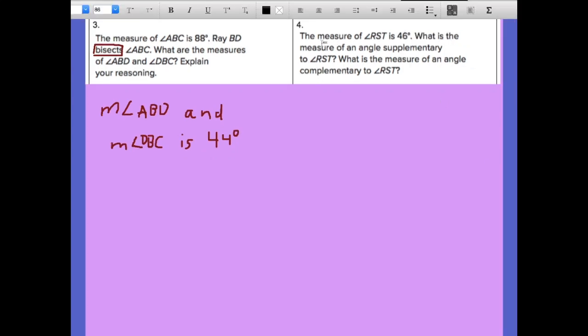Number 4 asks for two things. It says, what is the measure of the angle supplementary to angle RST, and what is the measure of the angle complementary to RST? Well, RST is 46, so for supplementary, we need to remember that supplemental means they add up to 180. So I'll do 180 minus 46, and that's 134.